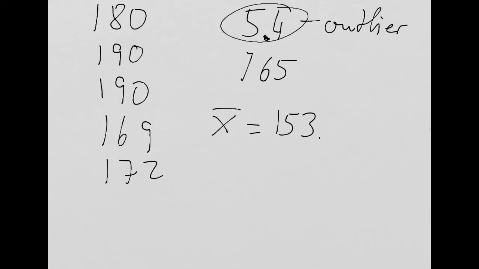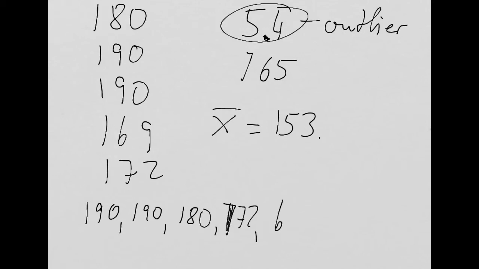So let's order them. 190, 190, 180, 172, 169, 165, 5'4". I've done it in descending order. 1, 2, 3, 4, 5, 6, 7.